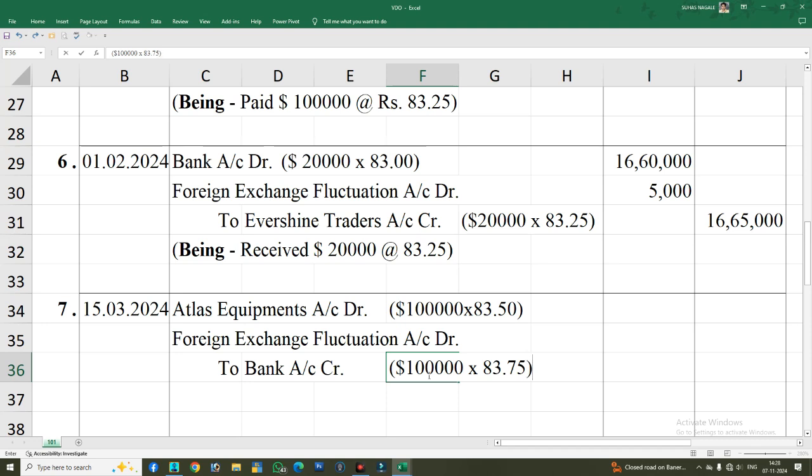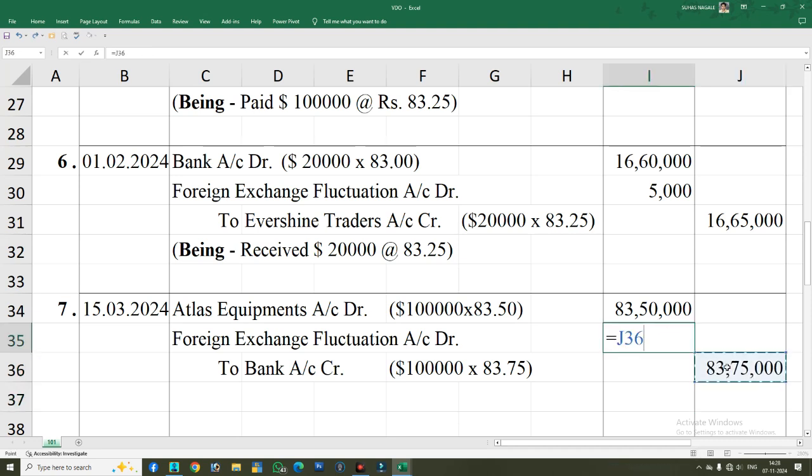It means increase by 0.25 paisa. 1 lakh into 83.50. The calculation here is 1 lakh into 83.75, and the difference between the two is a loss of rupees 25,000.